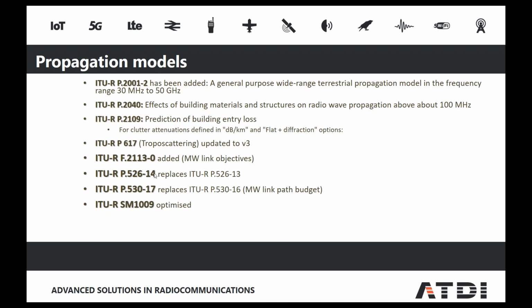So 526 has gone to -14, and 530 has gone to -17. That's one you won't see in the main propagation screen, but when you're looking at microwave path budgets and things like that, then that one's applicable.